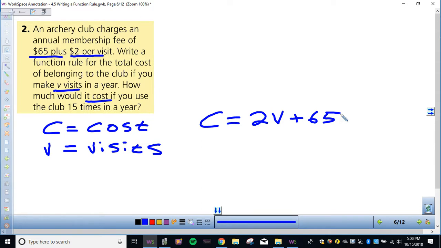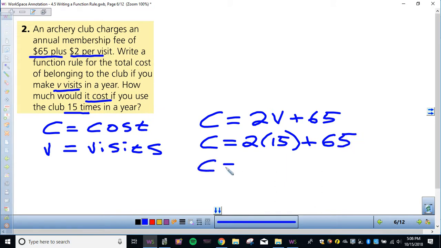And now all they want us to do is plug in the 15 into the equation to see how much it would cost if you only visited the club 15 times in a year. So 2 times 15 plus the 65. So C equals 30 plus 65.